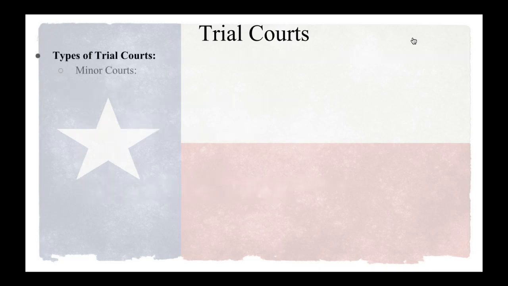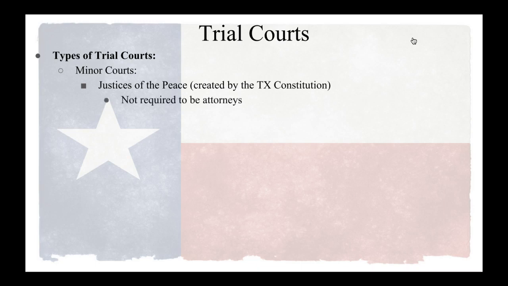So, the types of trial courts. We have some minor courts, and the minor courts are the justices of the peace, which are created by the Texas Constitution. JPs are typically elected, and they do not have to be an attorney.